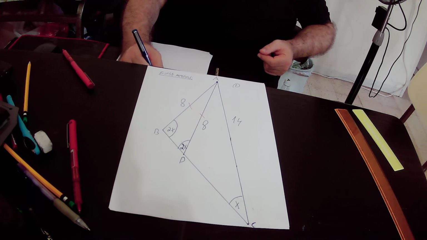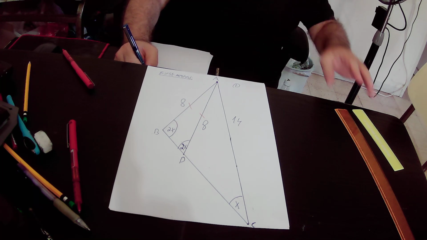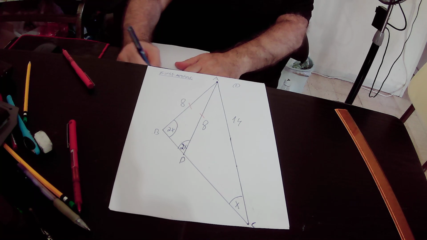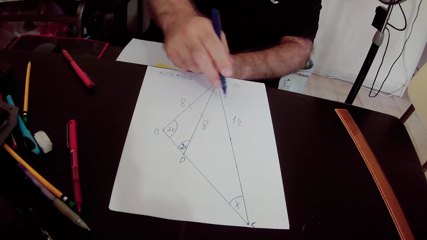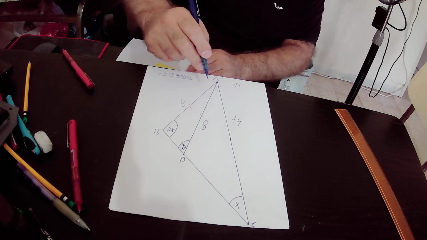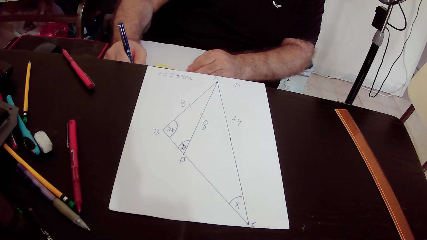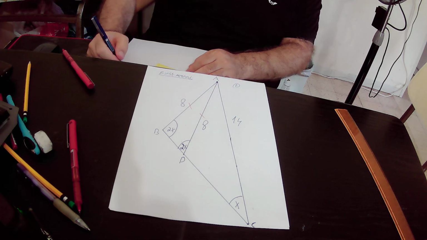In triangle ADC, we have two opposite interior angles, angle DAC and angle ACD.